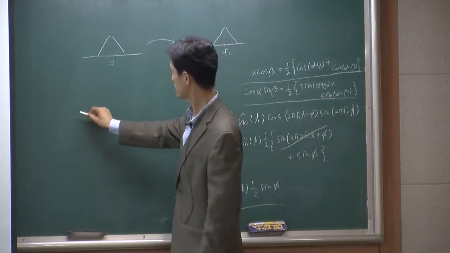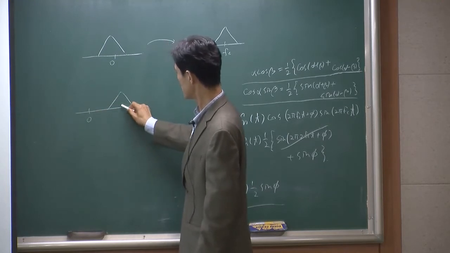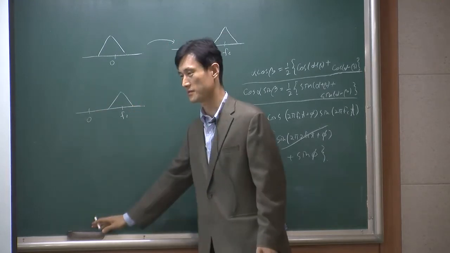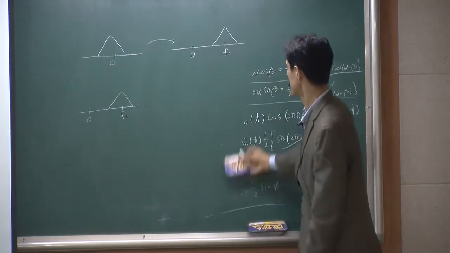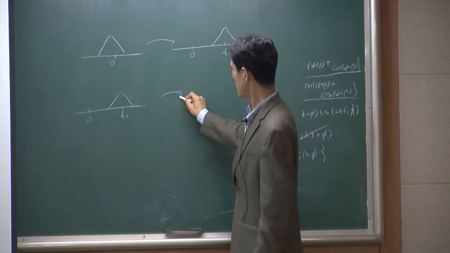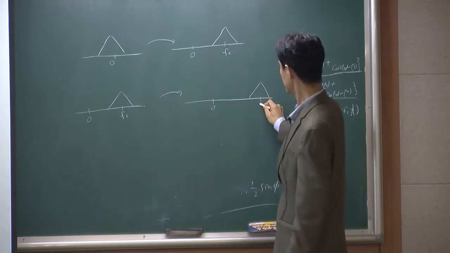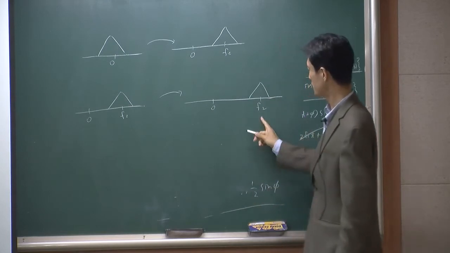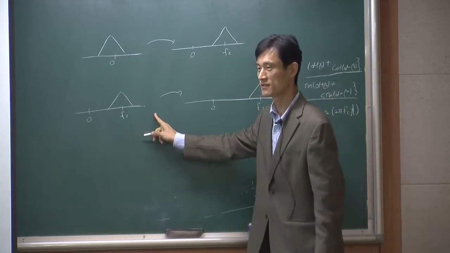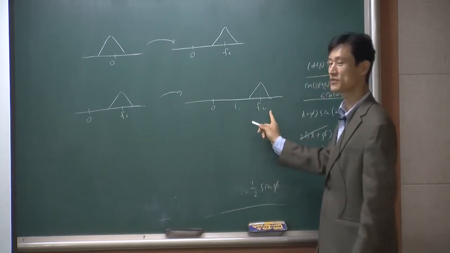Now then the question. Let's say your original signal was in F1. Now you want to change it into F2. F2 is a little bit higher frequency. F1 is somewhere here, and now you want to change it to F2.